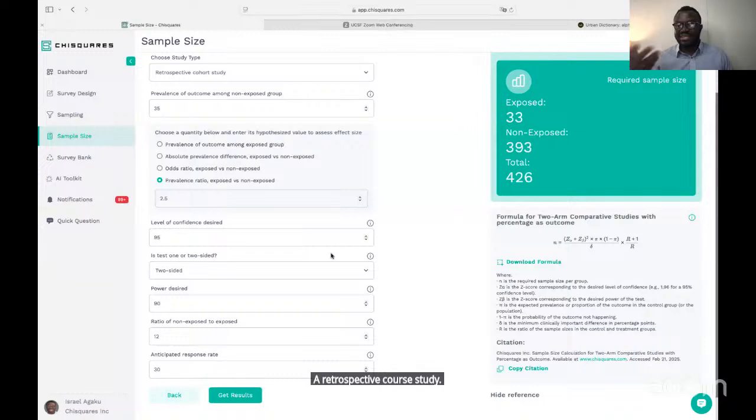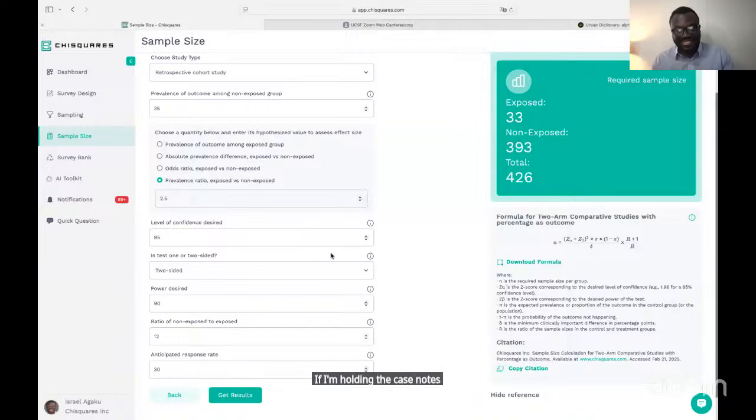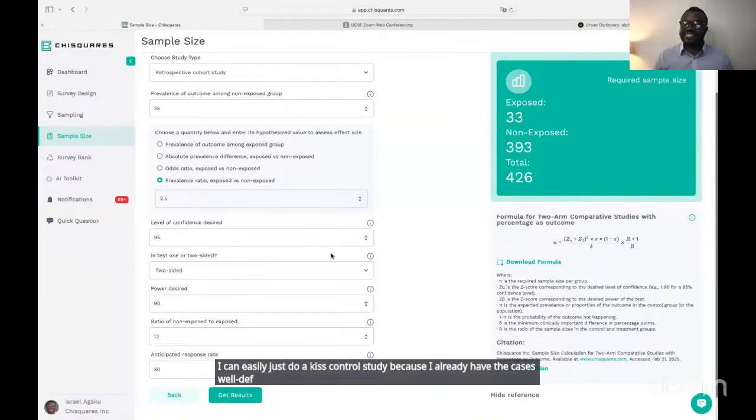Because remember, the first question you want to ask yourself when deciding between a retrospective cohort study and a case control study is, what do I have in my hand right now? If I'm holding the case notes of people who already have a disease, then why am I trying to do a retrospective cohort study? I can easily just do a case control study because I already have the cases well defined. And it's just easier.